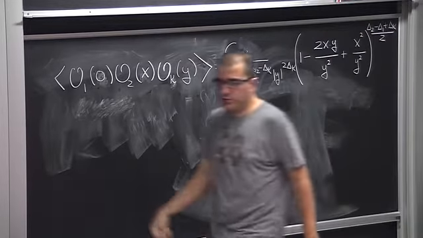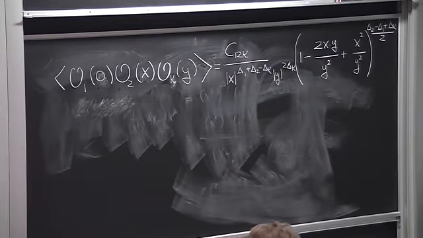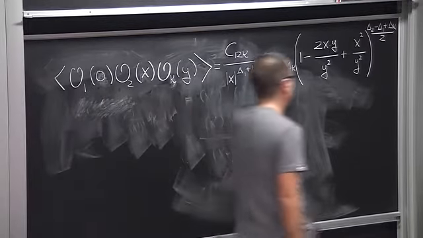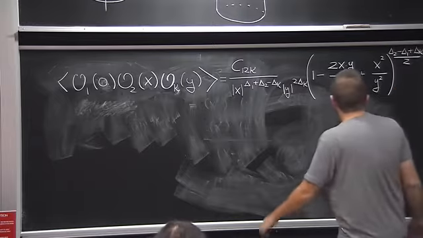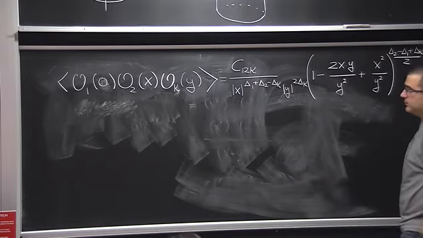Okay? So I'm going to spare you the details of the algebra. All I did there was replace (x minus y) squared by x squared minus 2x dot y plus y squared, then put some powers of y squared inside some brackets, and do some massaging of the result that you would trivially write. Is it clear? So this is just conformal symmetry. And now you can expand this at small x.